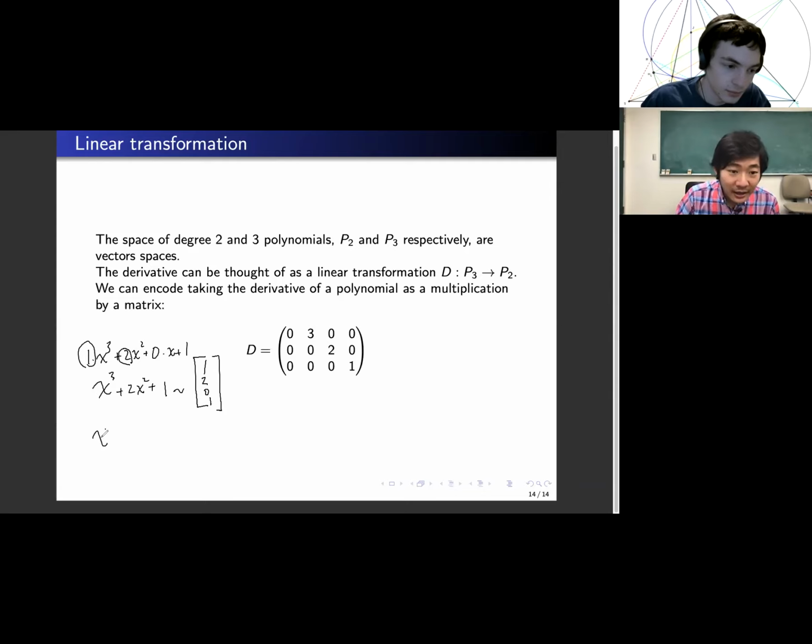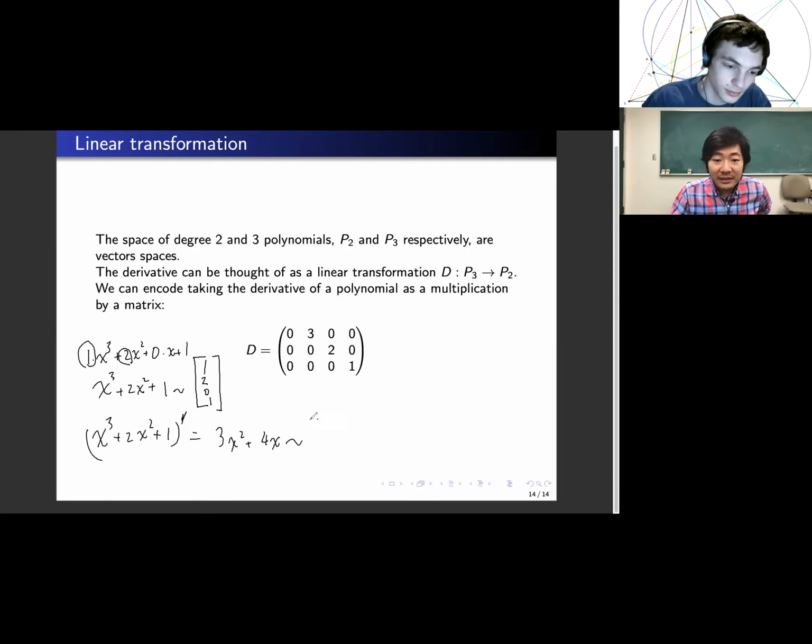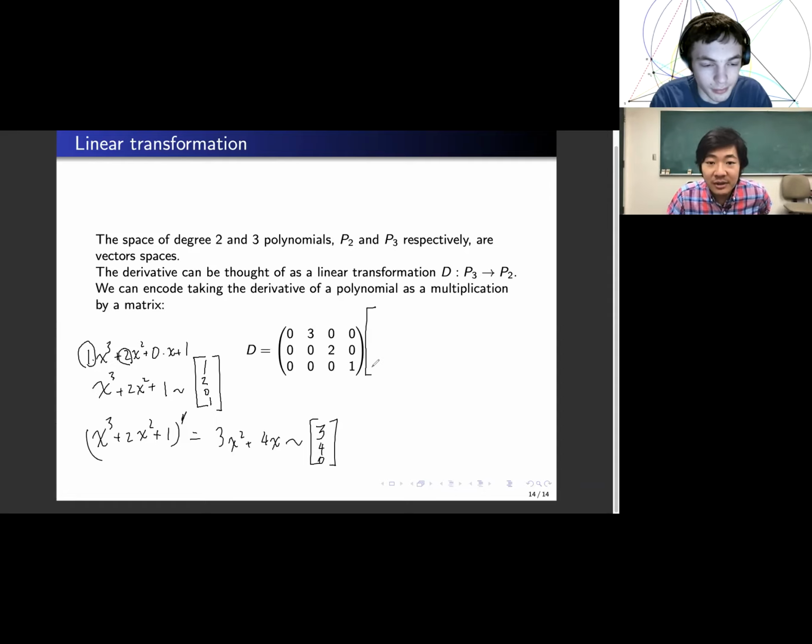So if you take the derivative of this, it becomes the polynomial 3x squared plus 4x plus 0. So in the space of degree 2 polynomials, we can describe it as 3, 4, 0, because there's no constant term here. So now what happens if we do row times column with this polynomial?